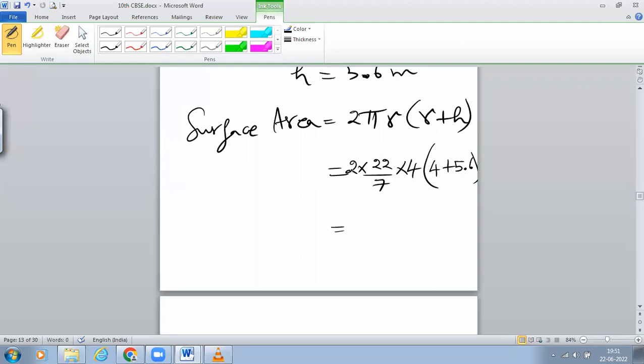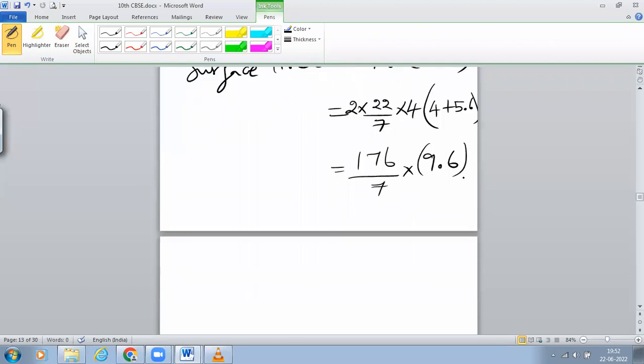Therefore, we directly multiply 2 into 22 is 44. 44 into 4 is 176. 176 divided by 7, into 4 plus 5.6, which is 9.6. Now we have to multiply 176 and 9.6 and then finally divide by 7.